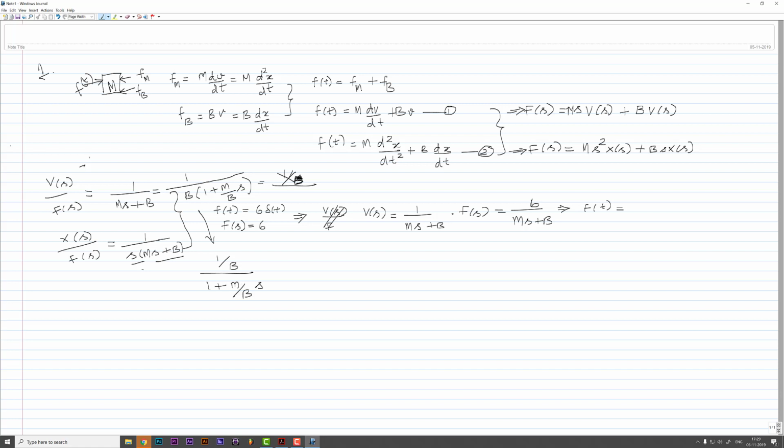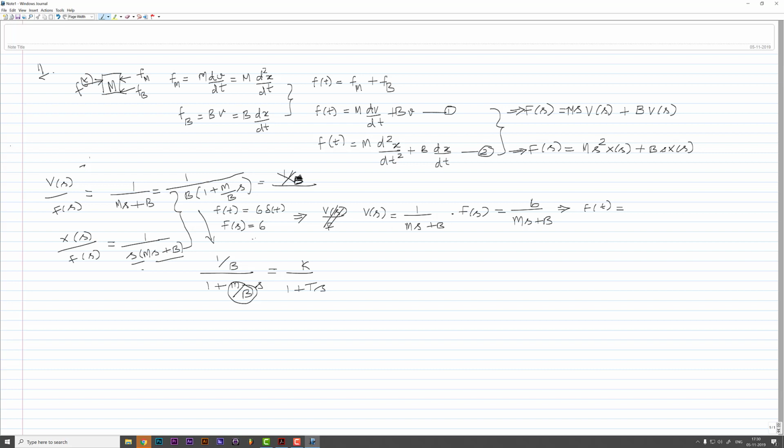So this is in time constant form. You can compare this to k by 1 plus ts, and here the time constant is m by b. So that is one answer, and the other answer is the steady state displacement and velocity.